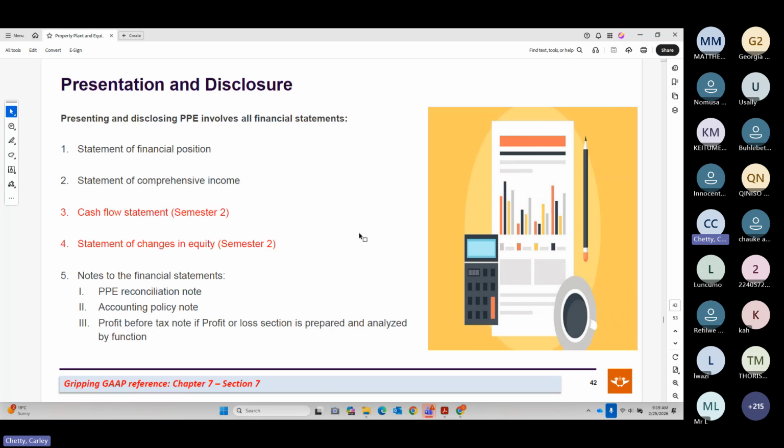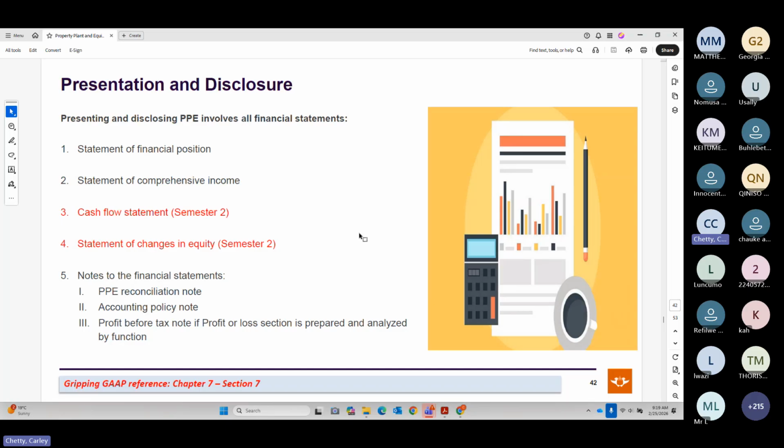Now let's have a look at presentation and disclosure. So when we present and disclose PPE, this involves all financial statements. It involves the statement of financial position, the statement of comprehensive income, the cash flow statement, and the statement of changes in equity.